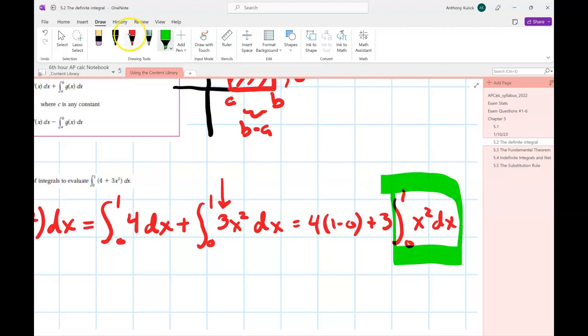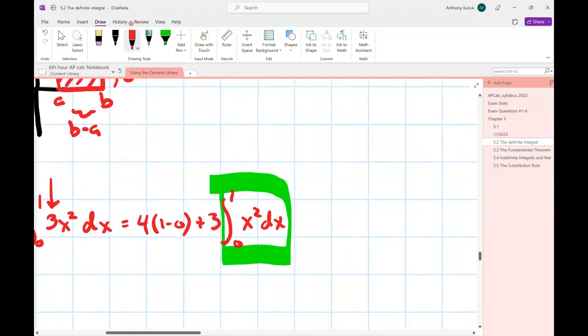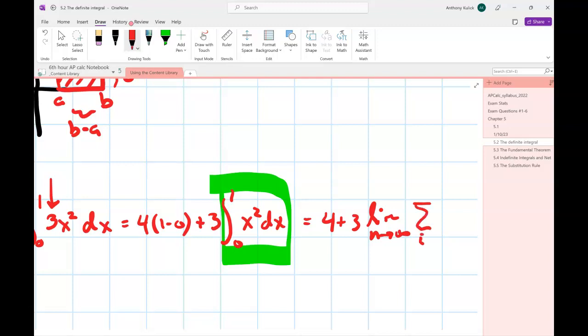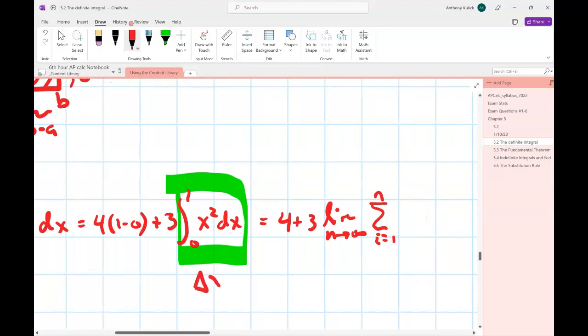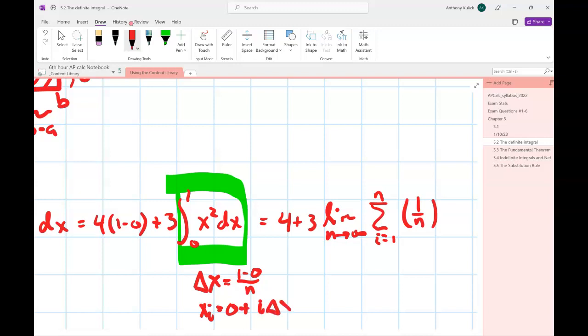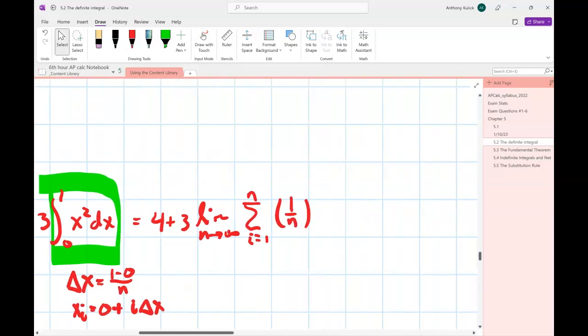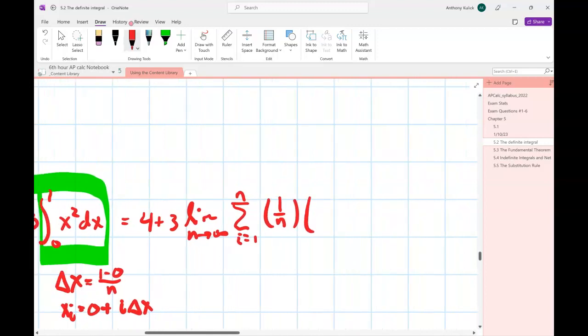I have to go back to my definition of a definite integral to do this piece. And then my delta x here is just going to be 1 over n. My xi is going to be 0 plus i delta x. So f of xi is going to be i over n squared.